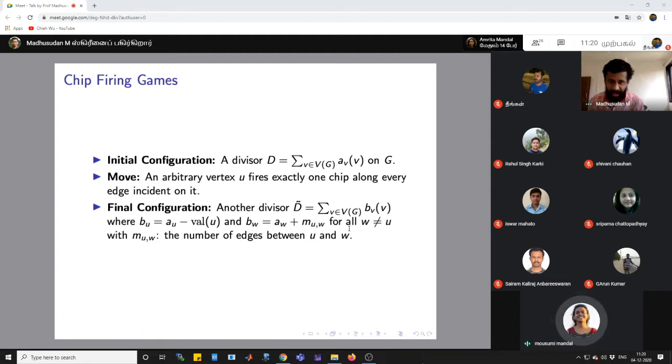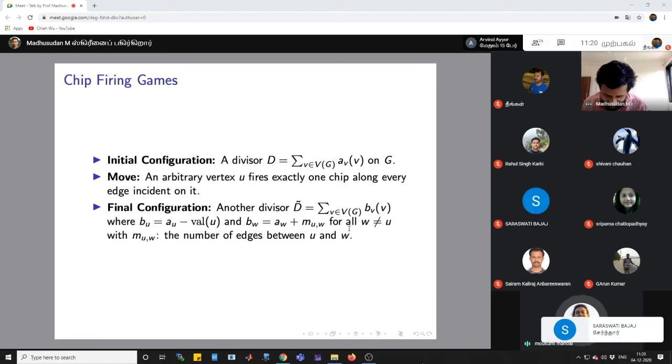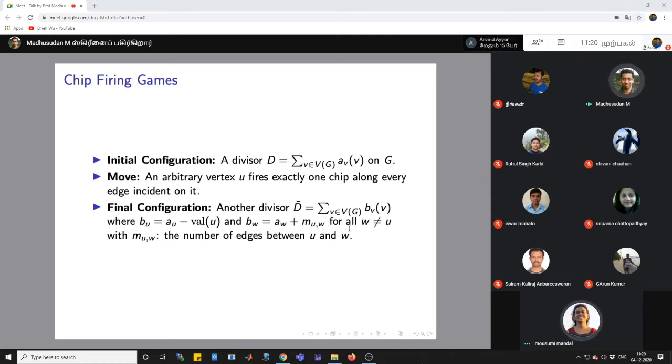I have just one doubt. When you say a vertex fires a negative number of chips, that means it is gaining some chips? Exactly. It will gain valency number of chips, and you just interchange the plus and minus here.